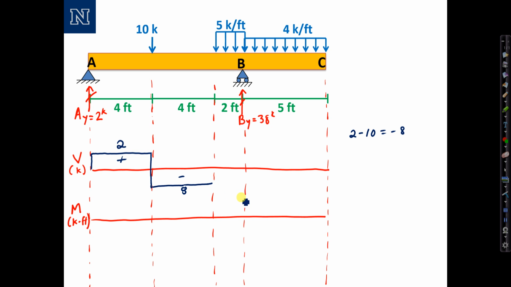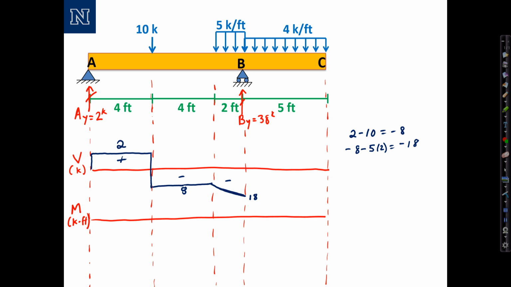Okay, and we can calculate the shear at point B by taking -8 minus the value of the distributed load, 5 times the length over which it acts, 2, which is -18. I'm not going to quite draw this to scale since I'm running out of room, but it linearly decreases to a value of -18 at point B.